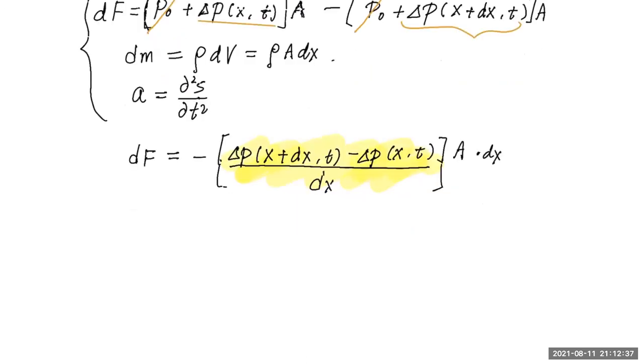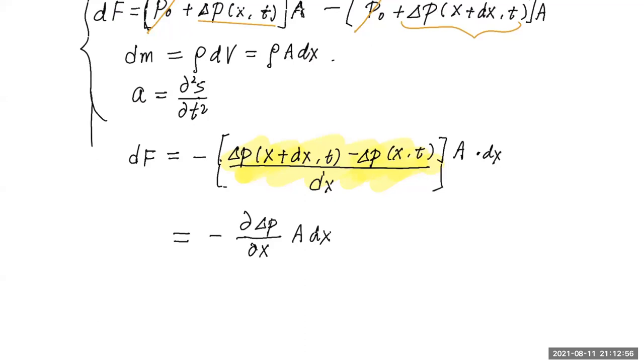So by definition, what I have here is negative partial delta P over partial x, isn't it? By definition, right? And don't forget, there is an a and there's a dx. Okay, so that's how I clean up df.